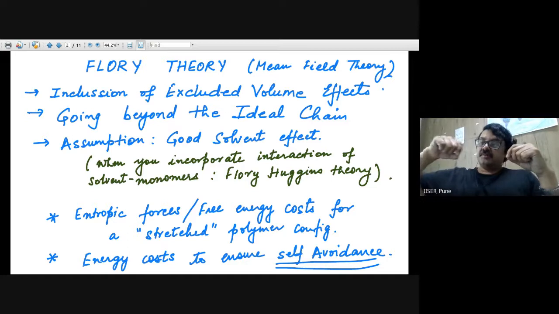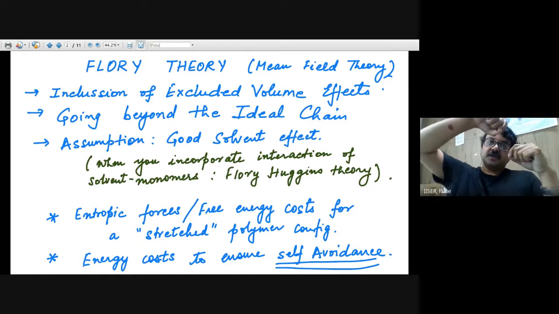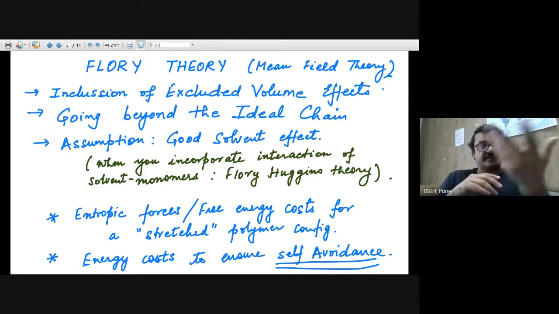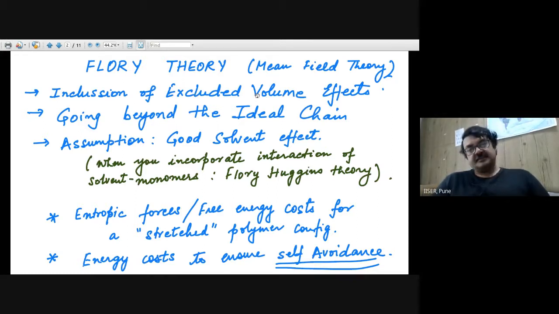The polymer can bend in 3D space, and it is possible that the jth monomer might want to occupy the same position in 3D space as the ith monomer, but that is not allowed. That volume is excluded. So the jth monomer cannot access the volume which is already occupied by monomer number i, and vice versa, of course. And so some volume is excluded, and that is the excluded volume effect.